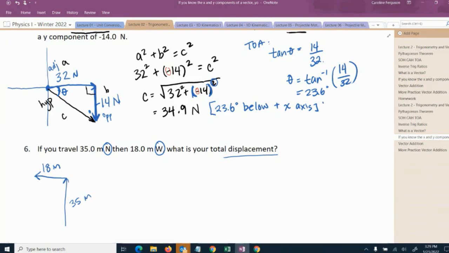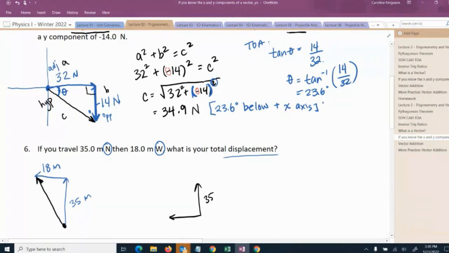Okay, so our displacement vector always goes from the beginning of the first vector down here to the end of the last vector. So it's going from the beginning to the end. So our vector looks like this. Notice I had to attach those first two vectors, the blue one, tip to tail. I couldn't do 35 and then 18 like this.